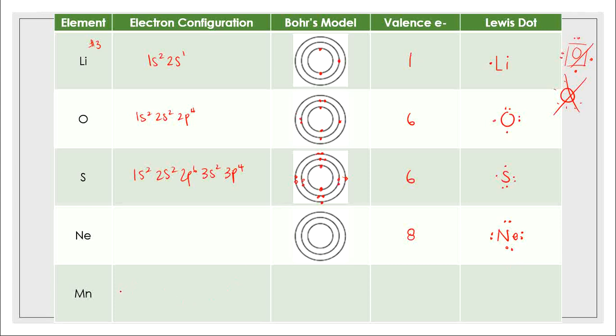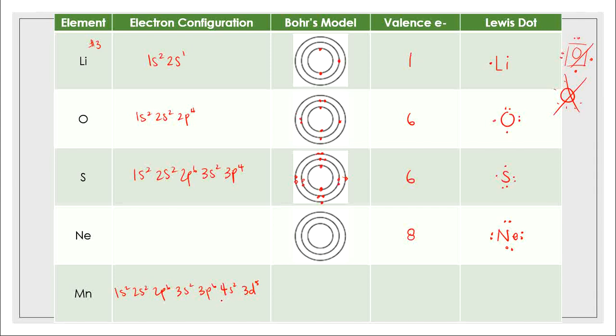Manganese. Let's do this electron configuration real quick. 1s2, 2s2, 2p6, 3s2, 3p6, 4s2, and 3d5. Now, the valence electrons are the outermost electrons on the highest energy level.